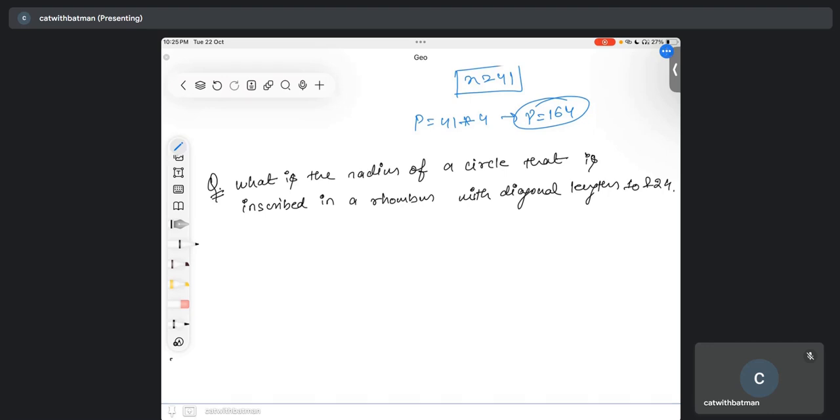Tell me this. These are given as 10 and 24.